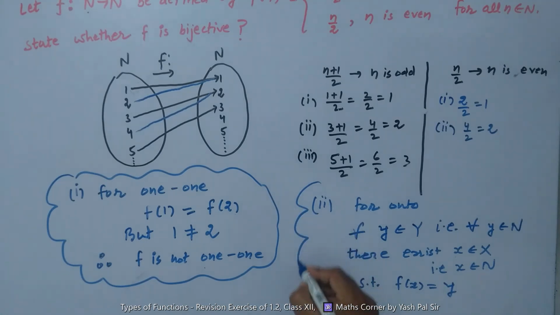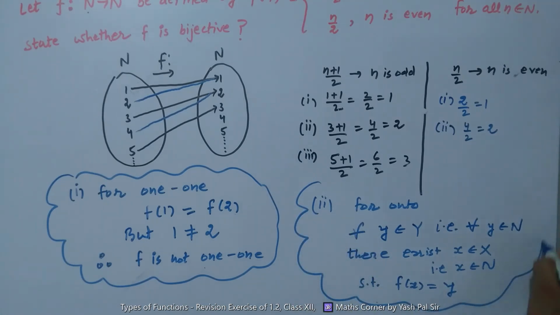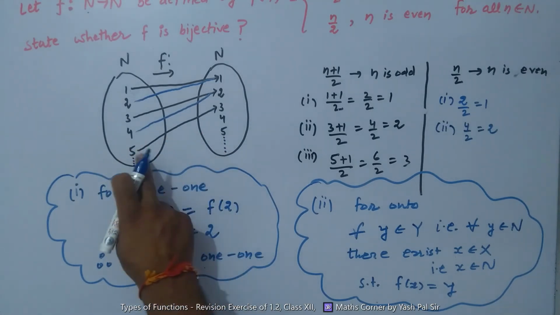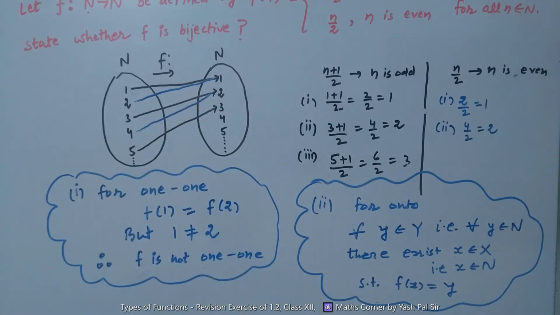So the function is onto, because we can find x for every y. So this function is onto.